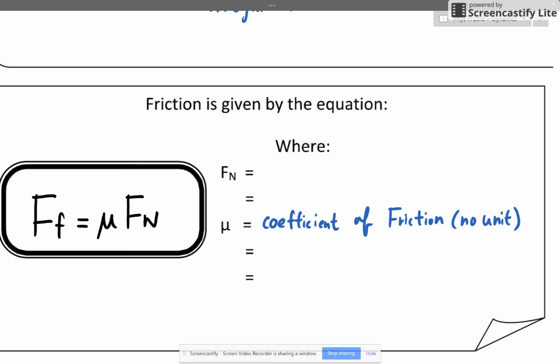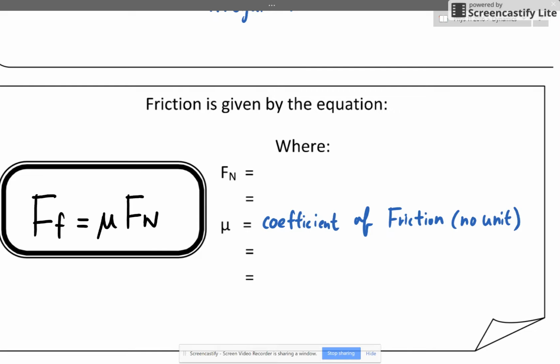And the amount of friction that you will feel depends on this value called the coefficient of friction. You can also have, let's say, another surface, you can put your hand on your phone, and that will be the surface between your hand and your phone, and that will have another coefficient of friction number for that surface. So therefore, there are actually many different coefficient of friction numbers depending on what surfaces you are working with.